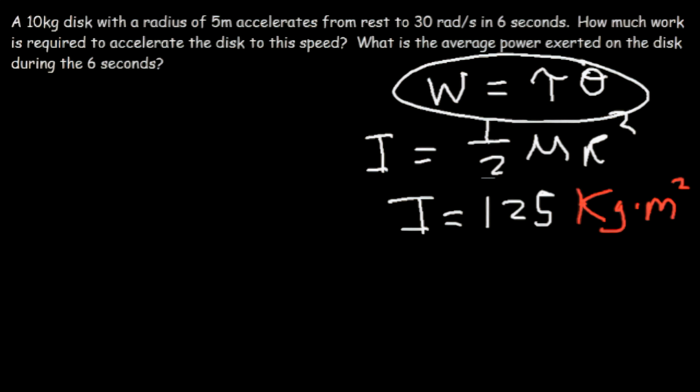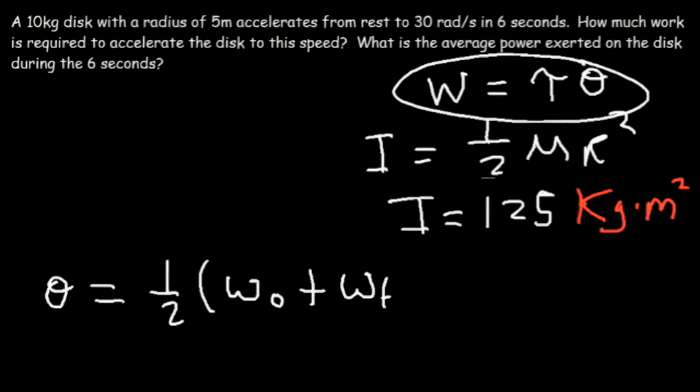Now we need to calculate the torque and the angular displacement. So how can we figure out those two things? We can calculate the angular displacement by using this equation. It's 1/2 the initial angular speed plus the final multiplied by the time.